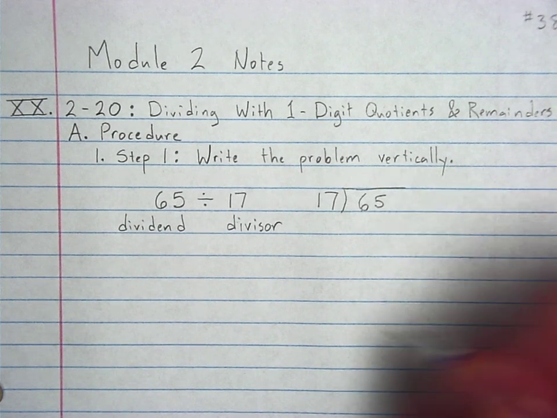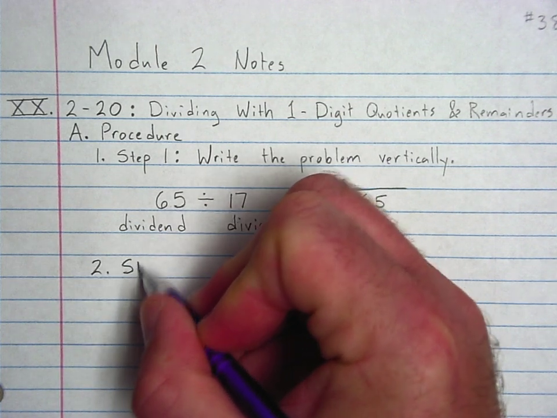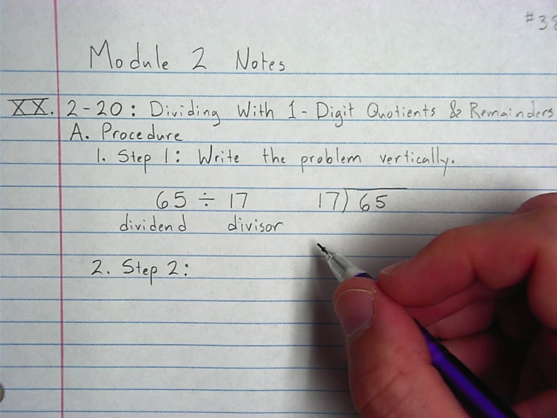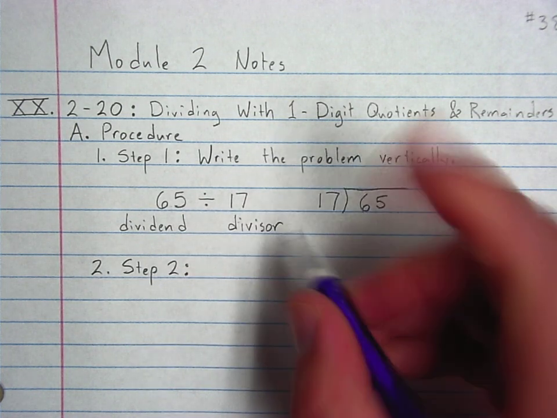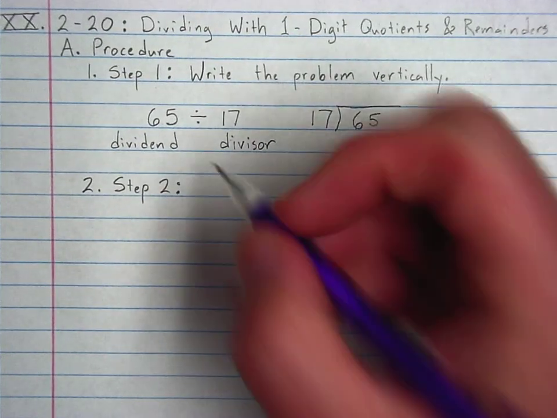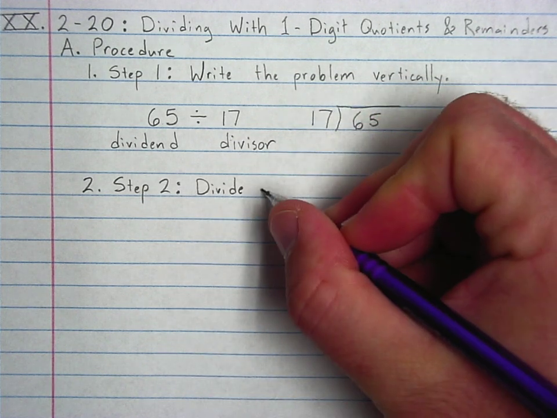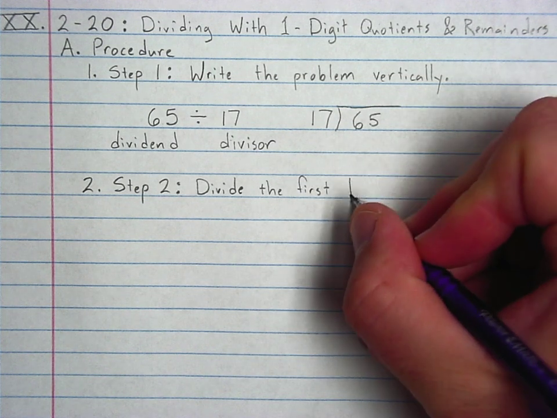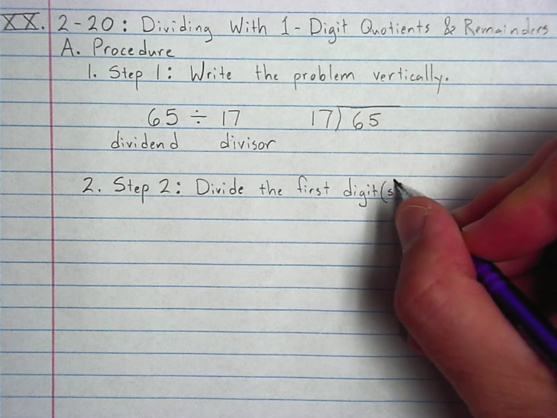Now, step 2. And I do want you to do this step. Actually, let me change the wording on this just a little bit. We're still doing the step, obviously, but I'll explain what I meant in a minute. You're going to divide the first digit, sometimes digits.